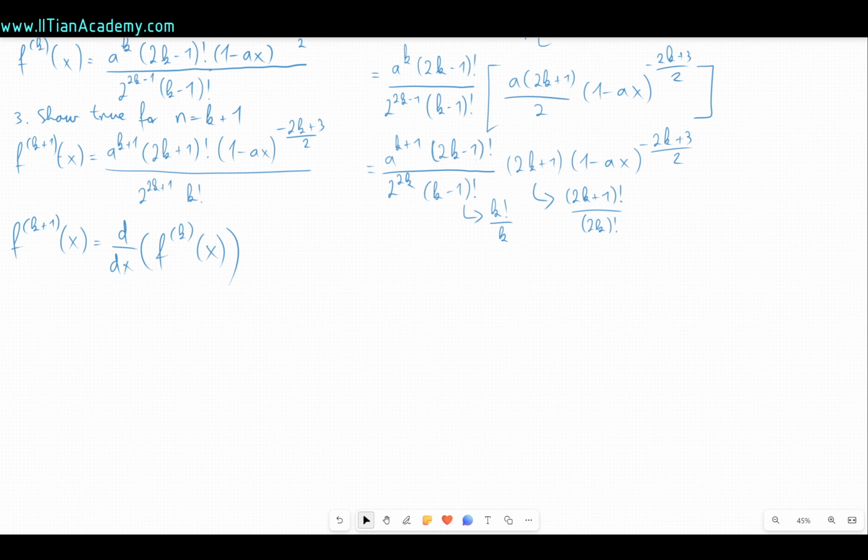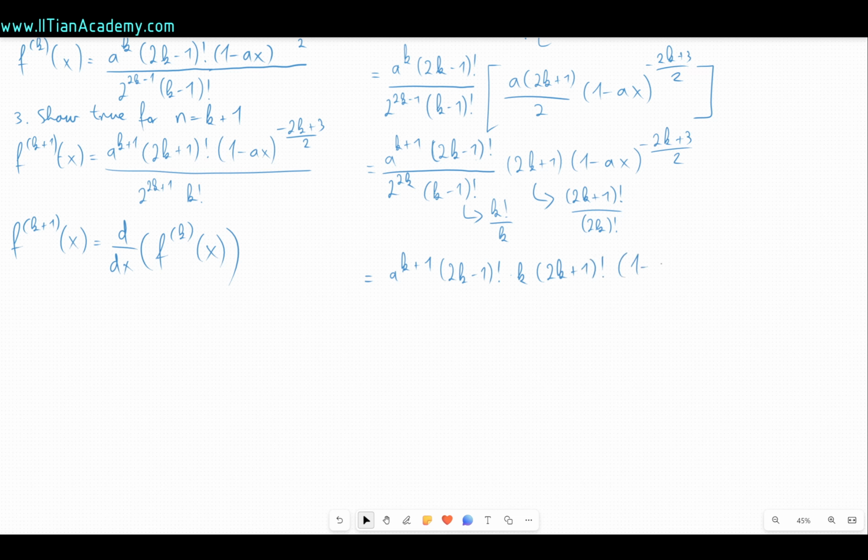So what we will have is this is equal to a to the k plus 1 times, well, the k can come up as we said, so we'll have the same 2k minus 1 factorial times the k from over here, and then we will still have the 2k plus 1 factorial.